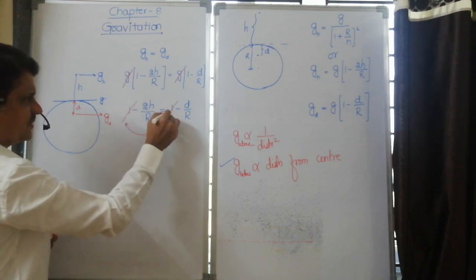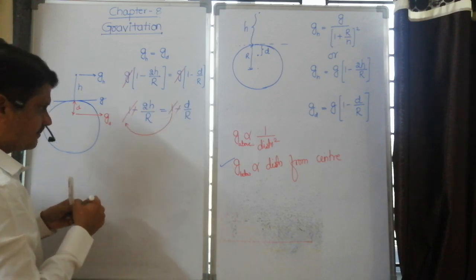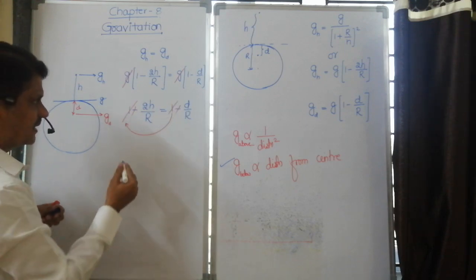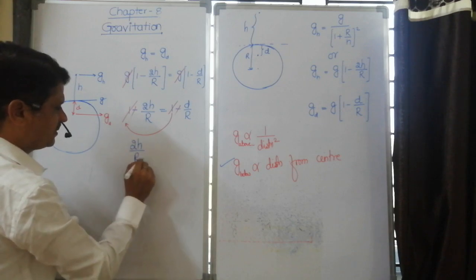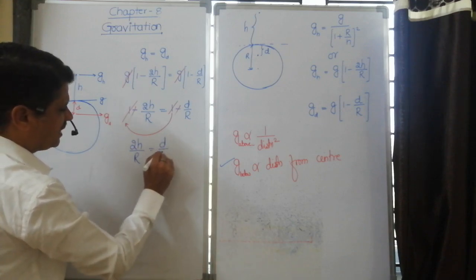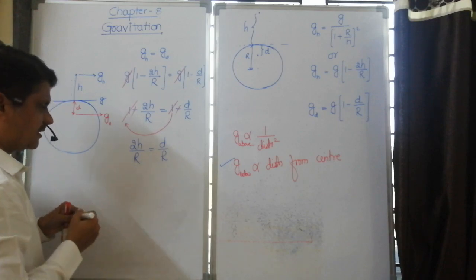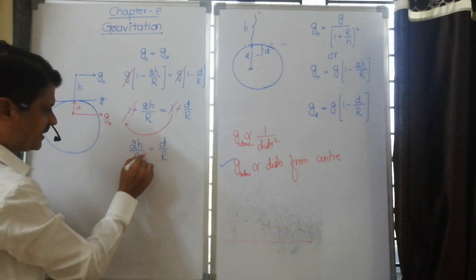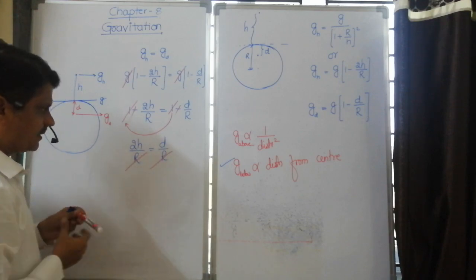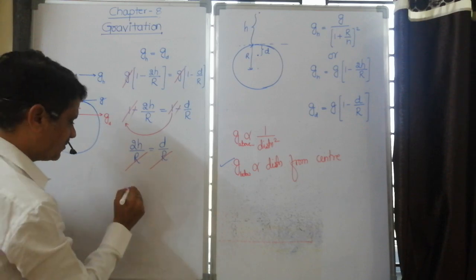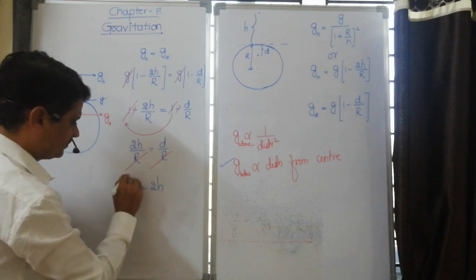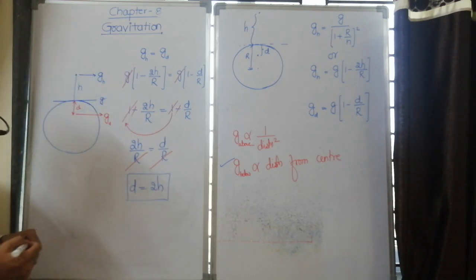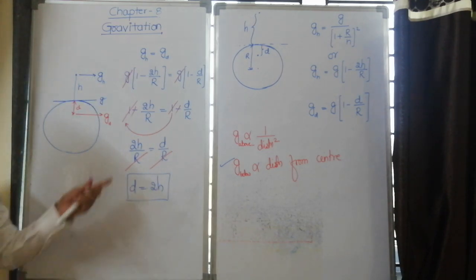So I can cancel these two, minus minus gets cancelled. Here I am left with 2h/r equal to d/r. Here this r and r get cancelled. Therefore d is equal to 2h. This kind of question you come across in different books.